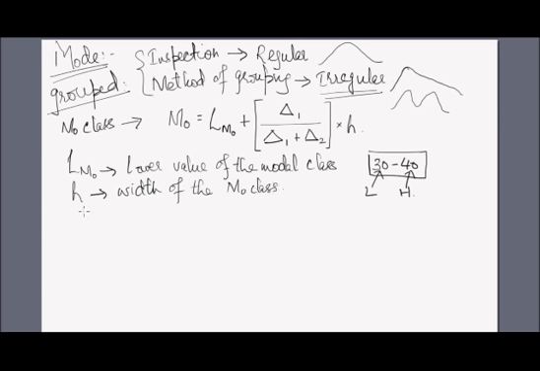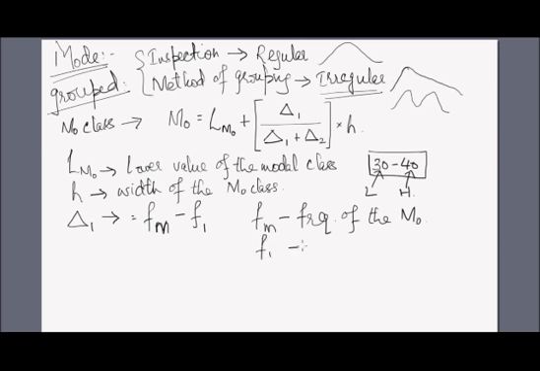What about delta 1 and delta 2? Well, delta 1 is given by frequency of the modal class, let me write it as fm, minus frequency before the modal class, let me write it as f1. fm stands for frequency of the modal class, and f1 stands for frequency before the modal class, and delta 2 is equal to frequency of the modal class minus frequency after the modal class.